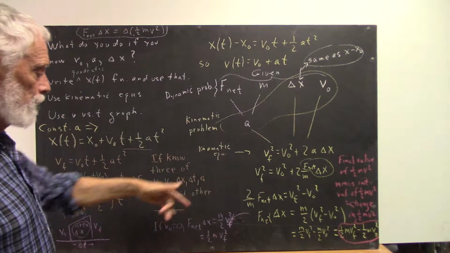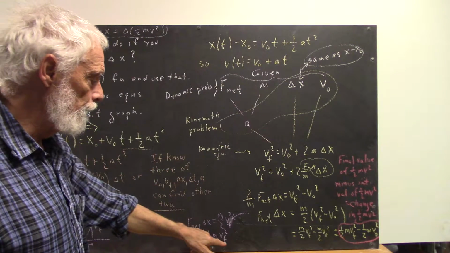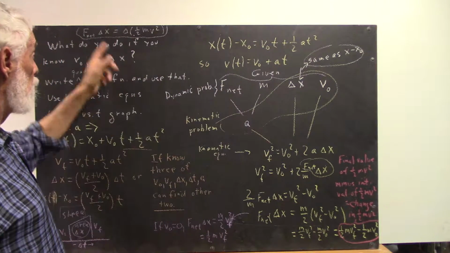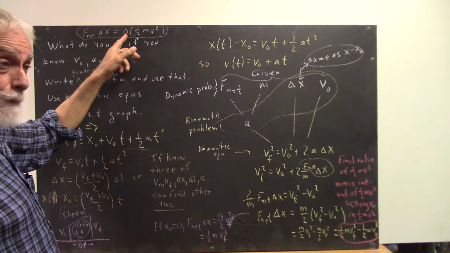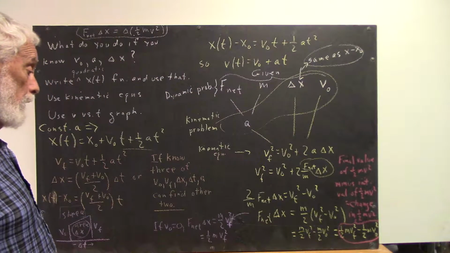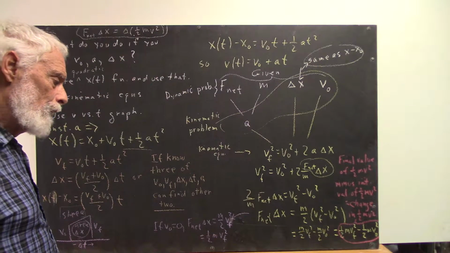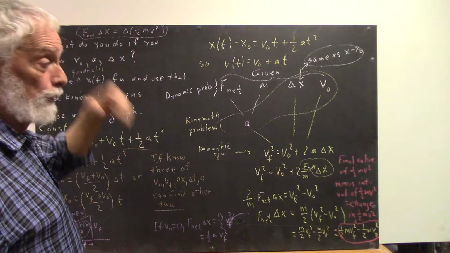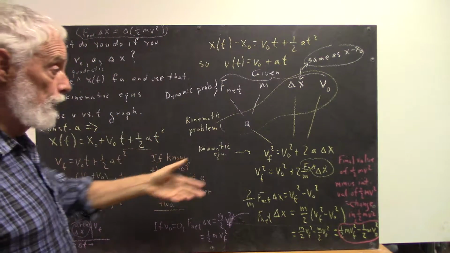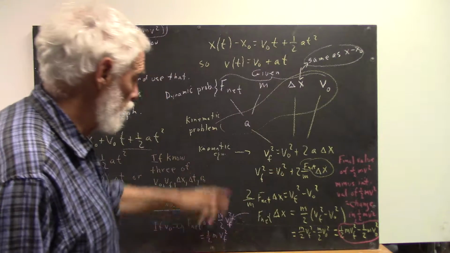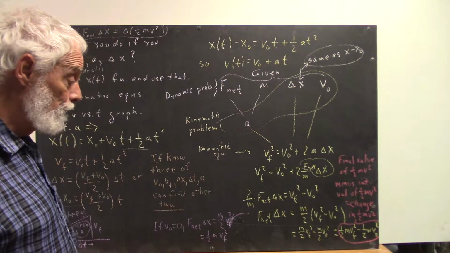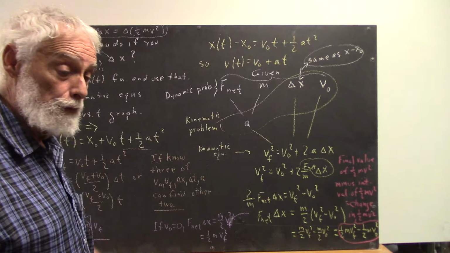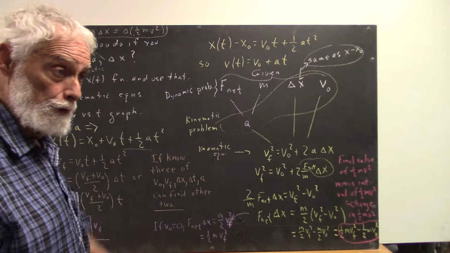You see now that we have something like Fnet delta x equals 1/2 m vf squared. That's a whole lot like what we have here, except we have a delta. How do you reconcile that? Well, if the initial value of 1/2 mv squared was 0, which it is if we assume that v naught is 0, which we had to do to get this form, then the final value of 1/2 mv squared has to be the change in the value.